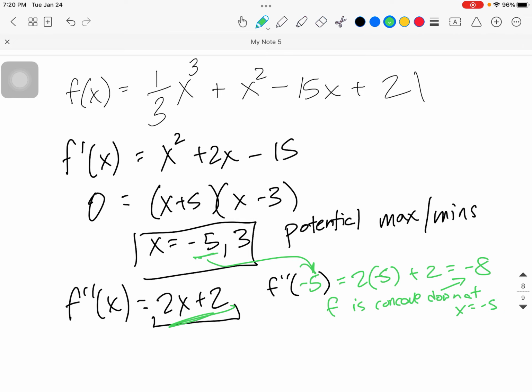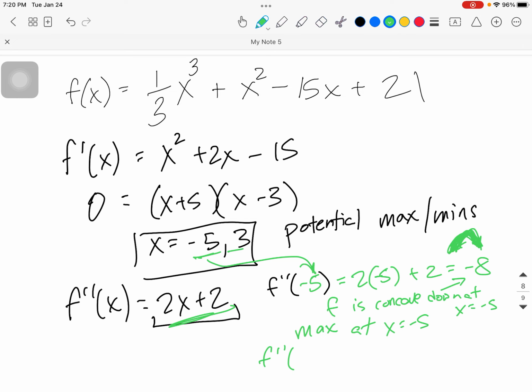Now, I know this is a max or a min, but if it's concave down, just like that, then it has to be a max because of this picture. It's like if I draw it harder, it makes more sense. I'm going crazy. All right, so max at x equals -5.